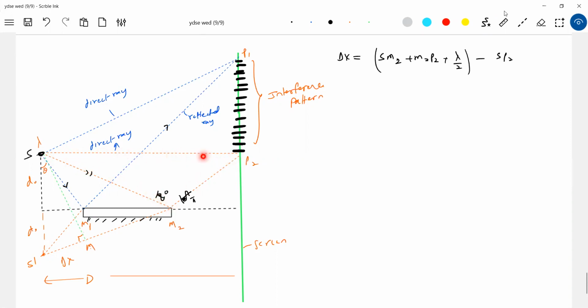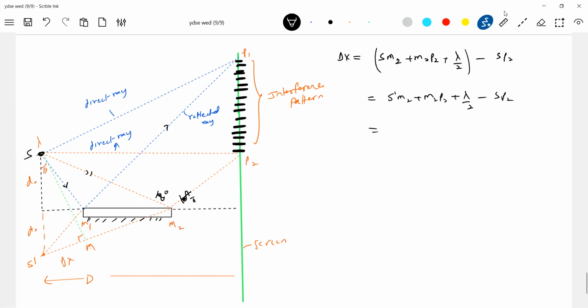For these two rays we are discussing the concept. So look at the mathematics. SM1 is equal to S dash M2, M2P2, and this will be plus lambda by 2, and SP2.